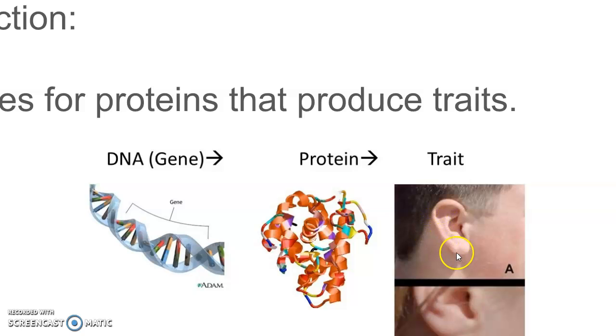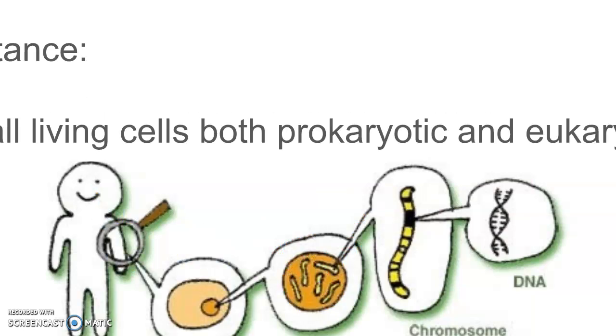So here is going to be a detached earlobe or an attached earlobe. The importance, it's in all living cells, both prokaryotic and eukaryotic. So in here, the human has a cell, the cell has a nucleus, the nucleus has a chromosome, and a chromosome is going to have DNA that codes.